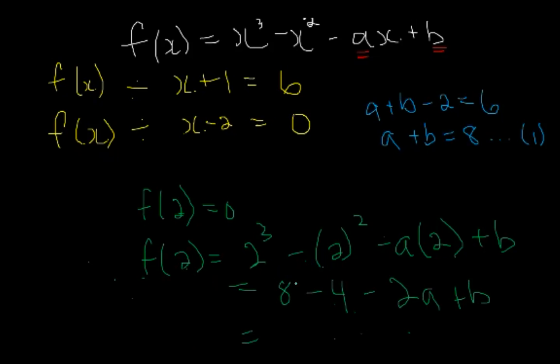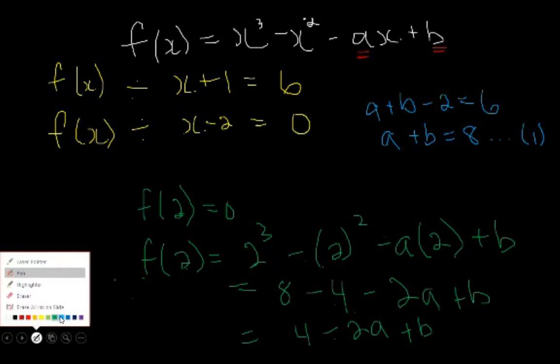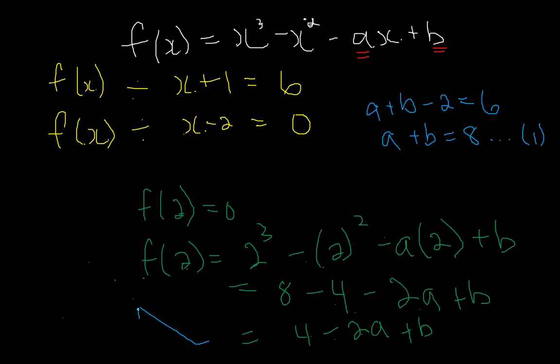So just to make this a little neater, I can rewrite this. F of 2, we just found out, is equal to 4 minus 2a plus b. But we also know that f of 2 is equal to 0. So what does that mean for me? 4 minus 2a plus b is equal to 0. If you don't understand how I did that, let me know.